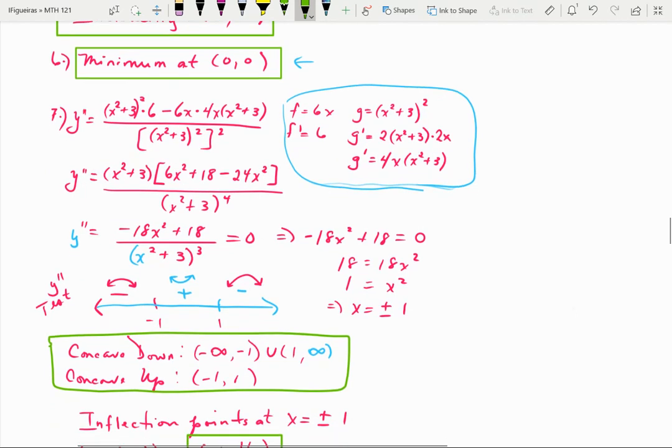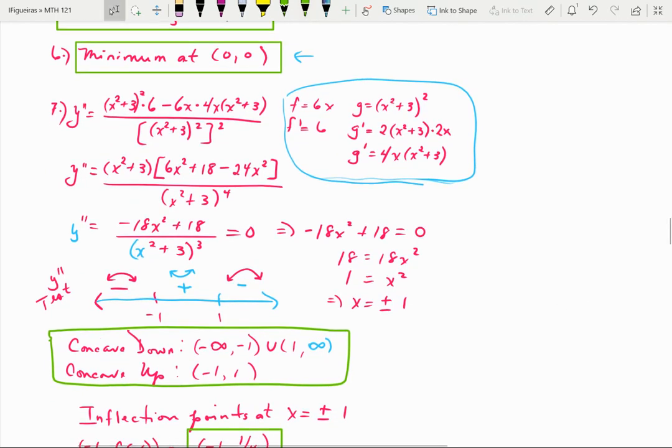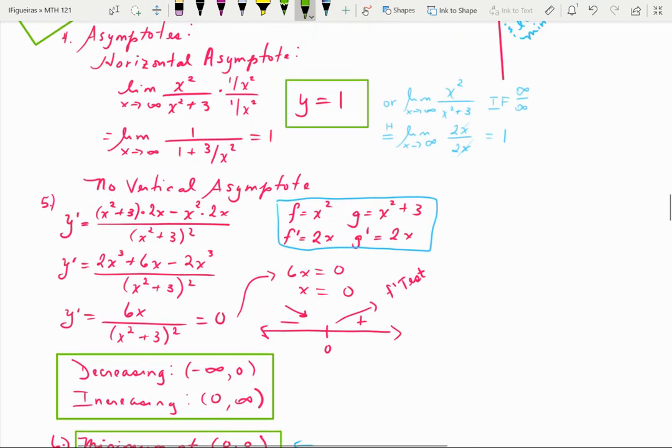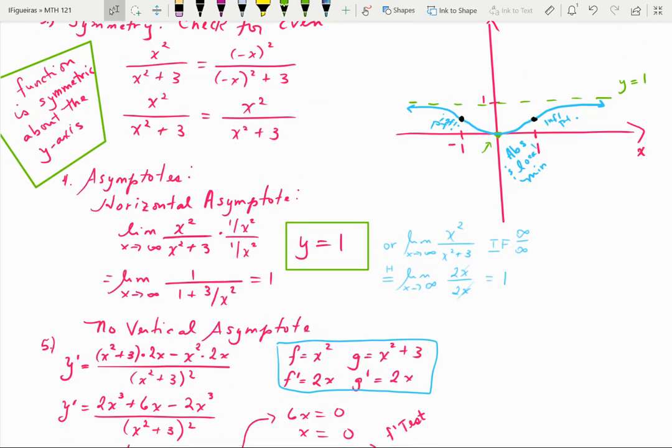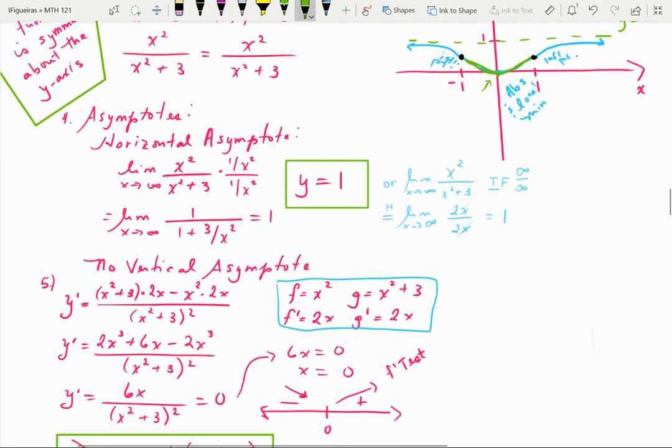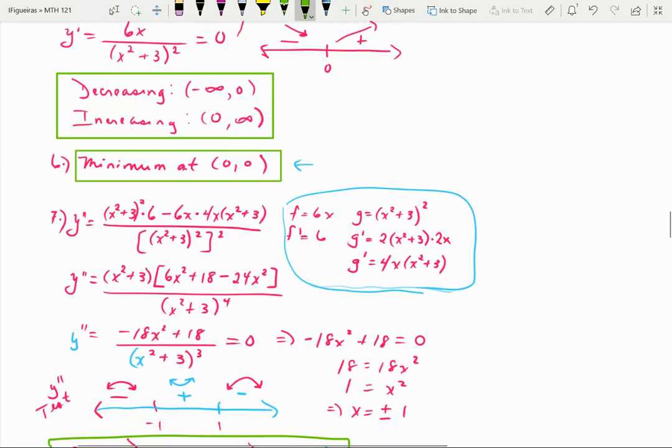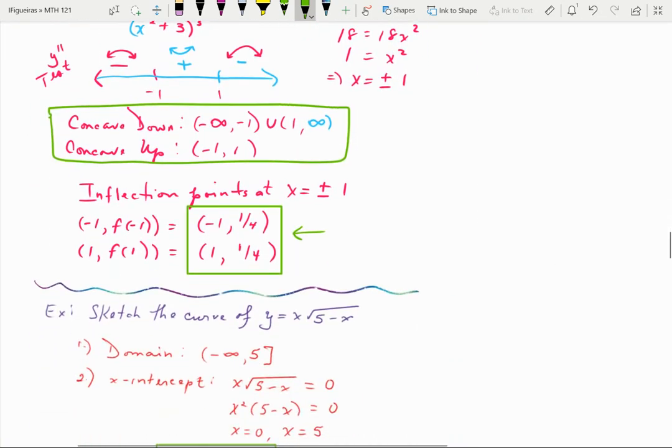Remember, it's concave down from negative infinity to negative 1, and also from 1 to infinity, but it's concave up in between negative 1 and 1. So concave down, this is the concave up part. I'll draw it in green, go over the blue. This is the concave up part, and then it goes concave down again. So everything matches up with what we expected based on the information we found.